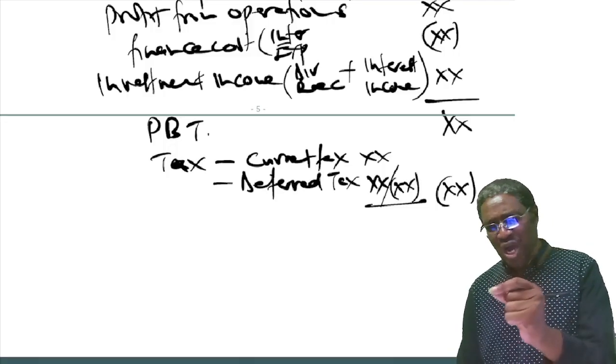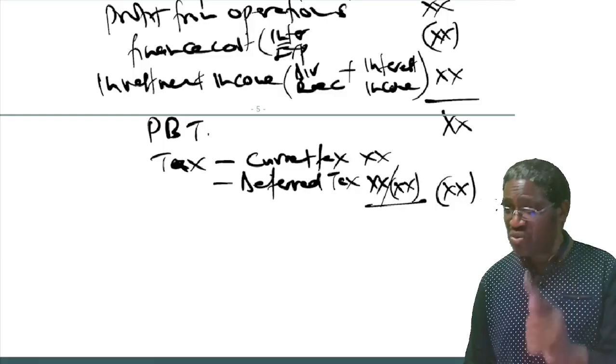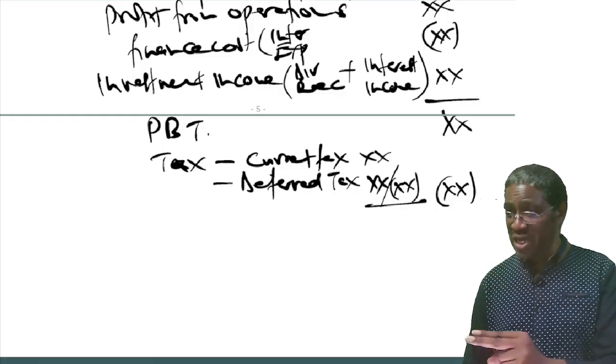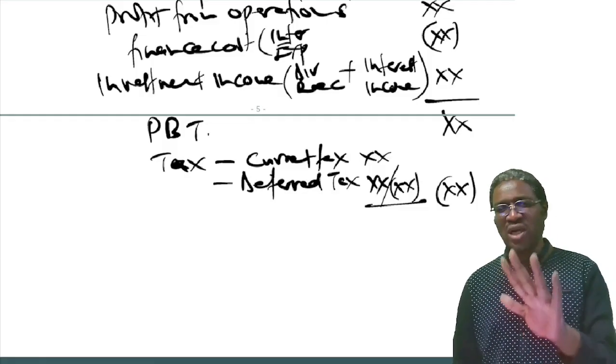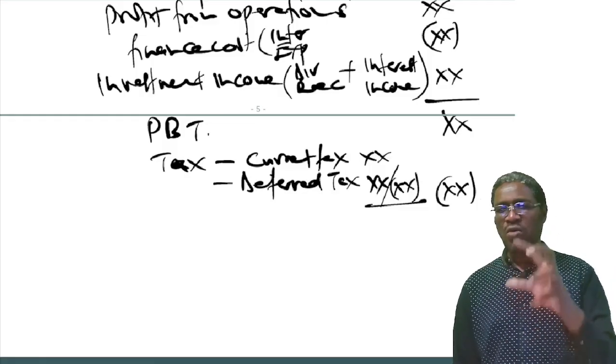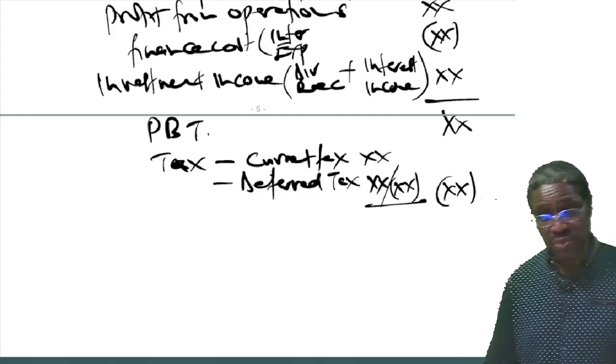Whether to add the deferred tax to the current tax or to minus is something we shall talk about later. For now, I'm just trying to show the format of how to prepare an income statement for publication purposes.